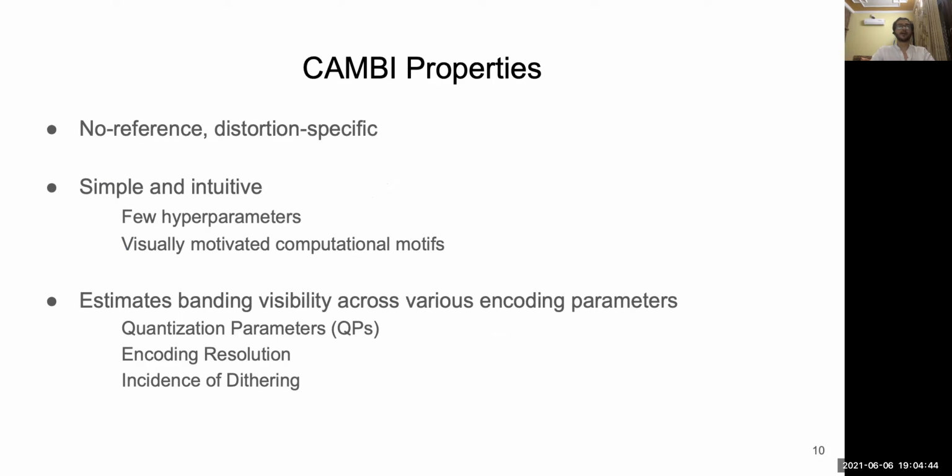Finally, it estimates banding visibility across various encoding parameters like quantization parameters, which are typically used during encoding of a video, but not only that, also encoding resolution and incidence of dithering. Past works have largely focused on banding dependence on quantization parameters, but in this work, we also decided to include encoding resolution and incidence of dithering because they directly influence the contrast sensitivity function, where encoding resolution affects the spatial frequency and dithering affects the perceived contrast.